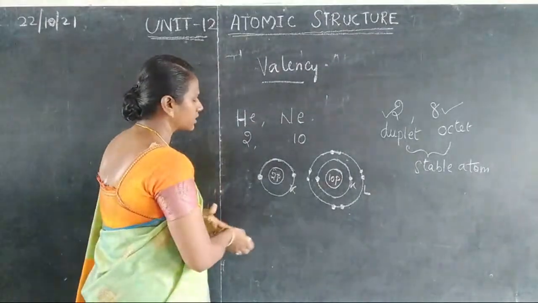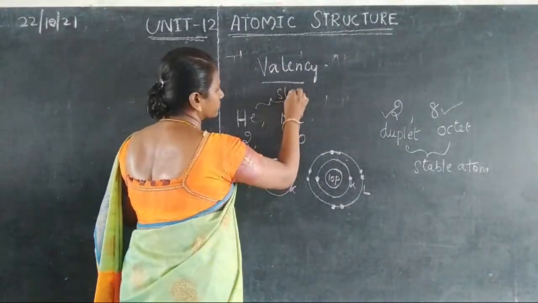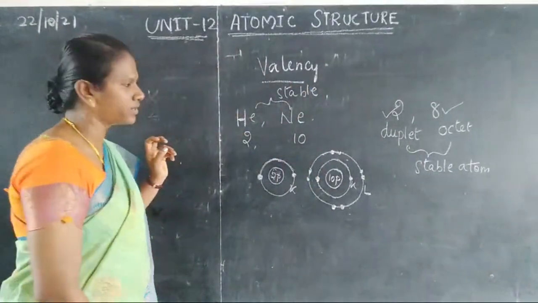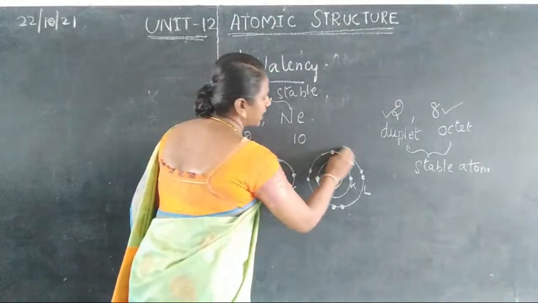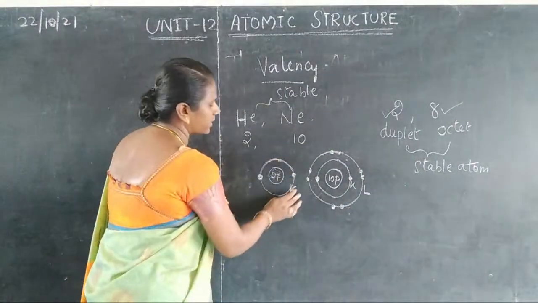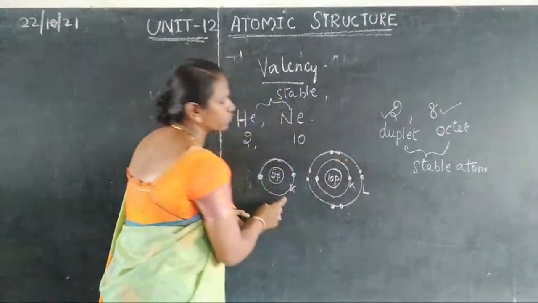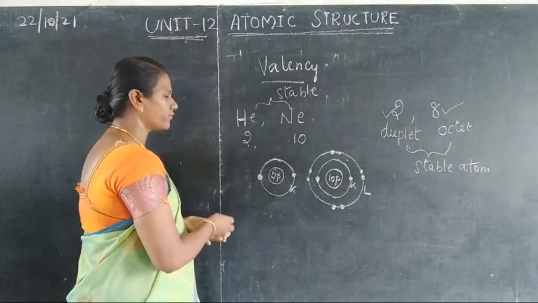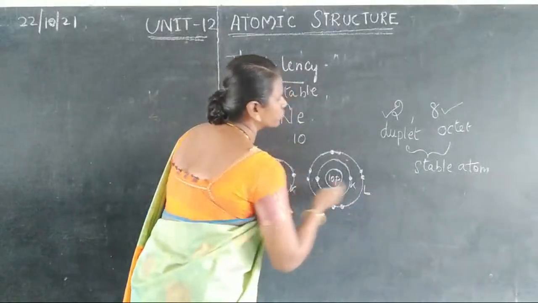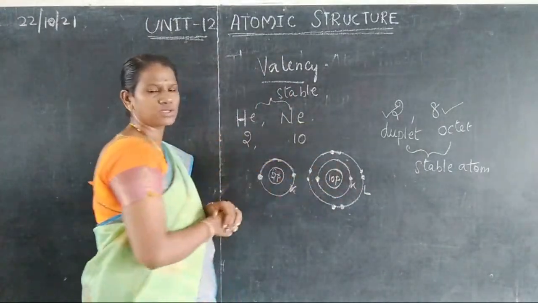So these 2 atoms are called stable atoms, because they contain a full outermost shell. Helium contains 2 electrons in its outermost shell, and neon contains 8. If atoms contain 2 or 8 electrons in their outermost shell, they are called stable atoms.